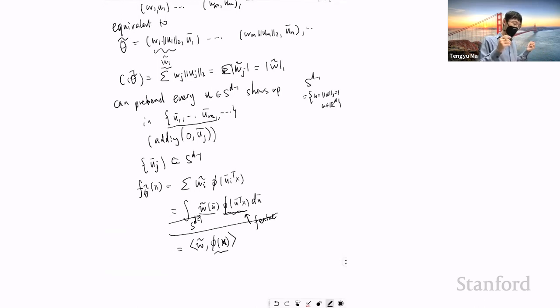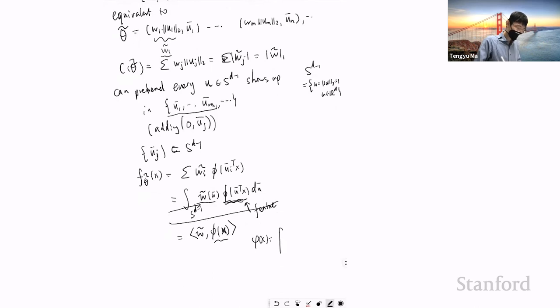The difference here is that this feature is a predefined feature. It's no longer something learned, because you have all the possible U bar in this world in your feature set. So you can view phi of x as this gigantic feature vector where you have all the possible U bars in your feature set, and W tilde is the coefficient in front of the features.